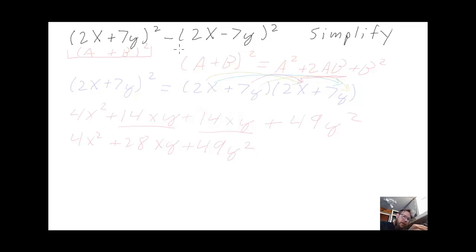Now we have to look at the second term, 2x minus 7y squared. We're going to have to either use our formula or go term by term like we did before.